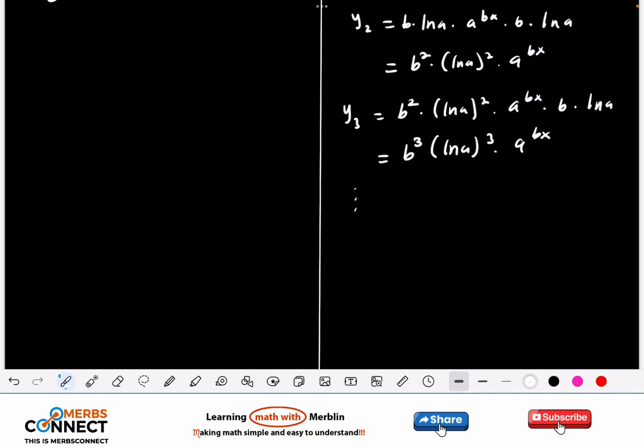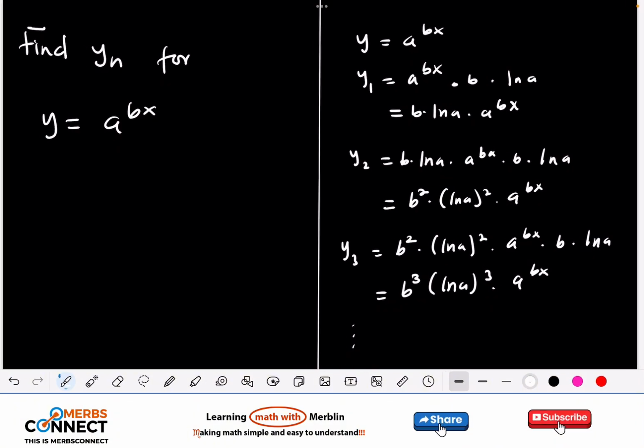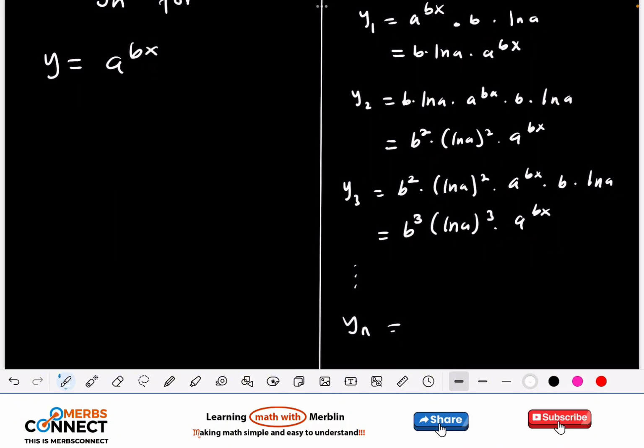Now let's look at the pattern and try to write the nth derivative. Look at y1, y2, y3. We can see that we have a to the power bx throughout, so it is not changing.